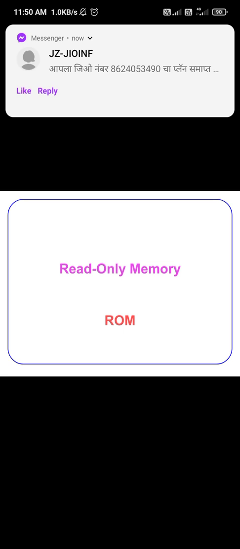Every computer comes with a small amount of ROM containing the boot firmware. It consists of a few kilobytes of code that tell the computer what to do when it starts up.